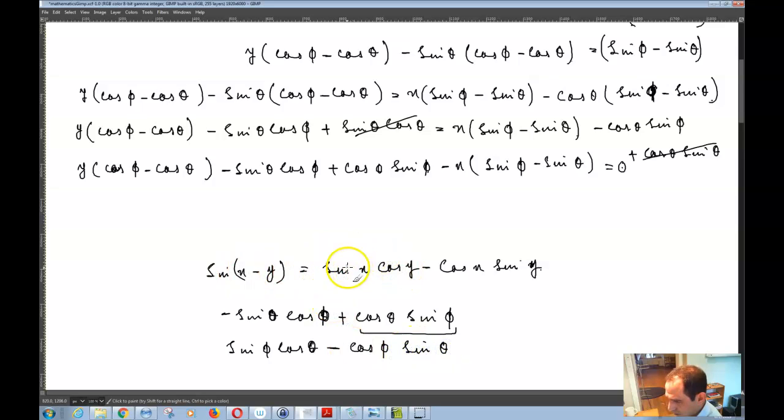And you can see that sine x cos y minus cos x sine y is equal to sine of x minus y. So this would be sine of phi minus theta.